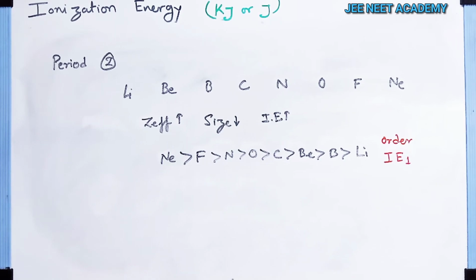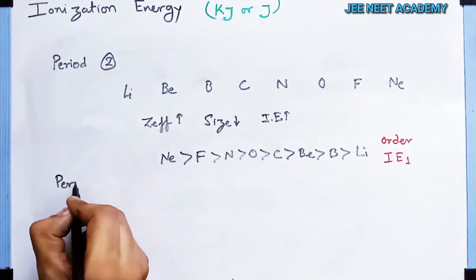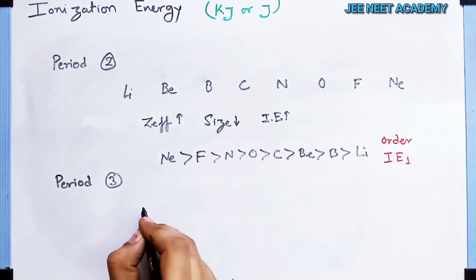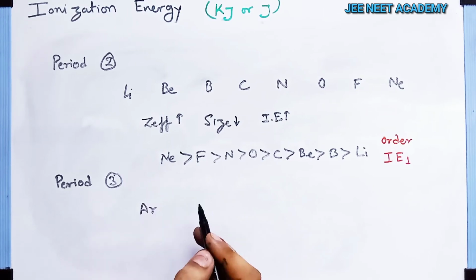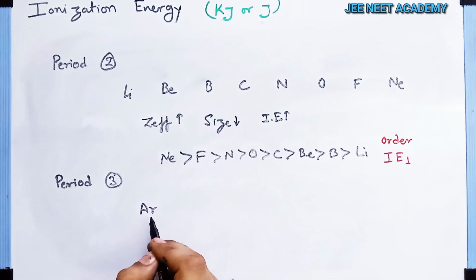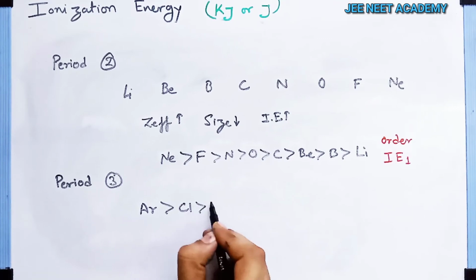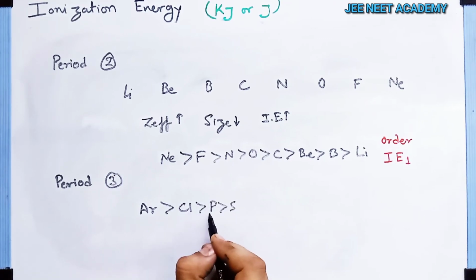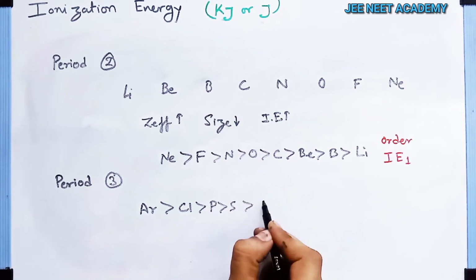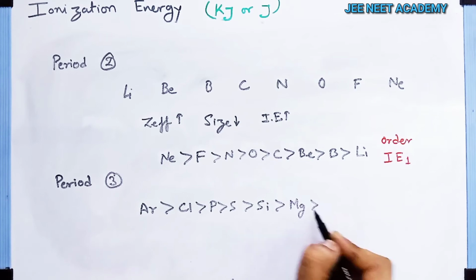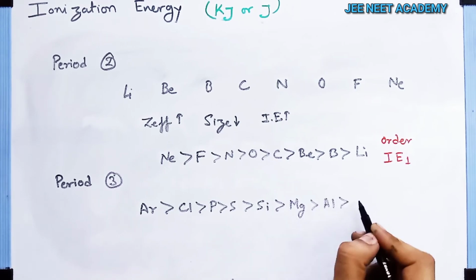For the third period, the order will be: the inert gas in the period is argon, which will have the highest ionization energy, then chlorine, then phosphorus, then sulfur, because phosphorus's P subshell is half filled, then silicon, then magnesium, then aluminium, then sodium.